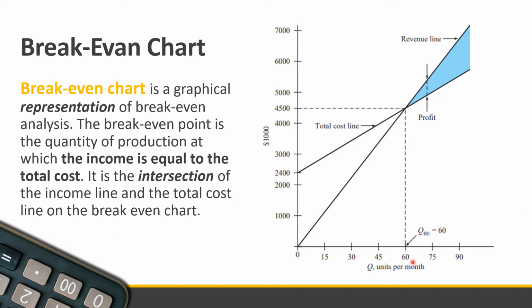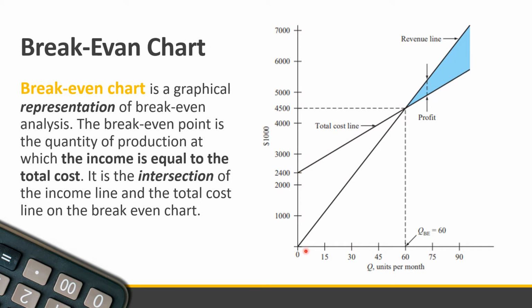So considering only a certain project or one alternative, in creating a break-even chart, it is the revenue line and the cost line. So for example, the cost line is this line here. So ito yung cost ng certain single project.